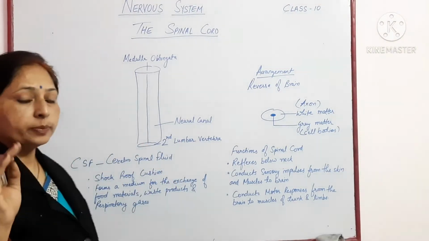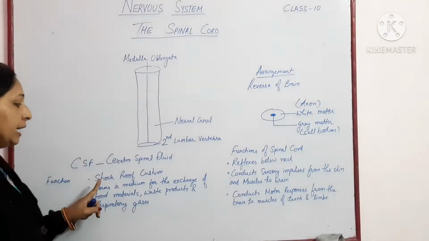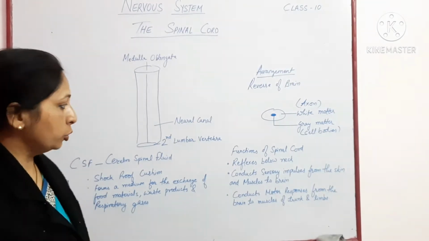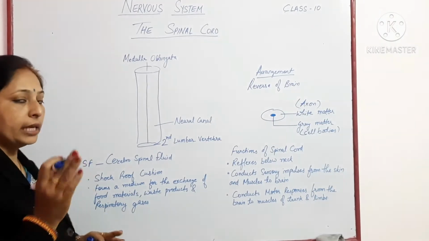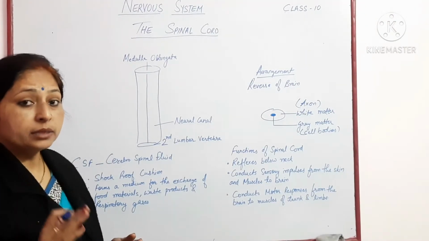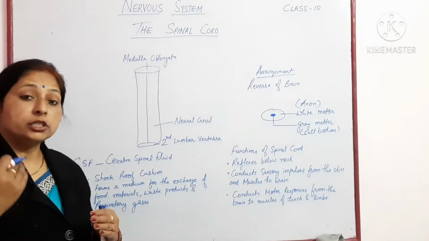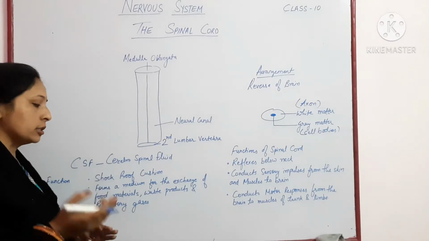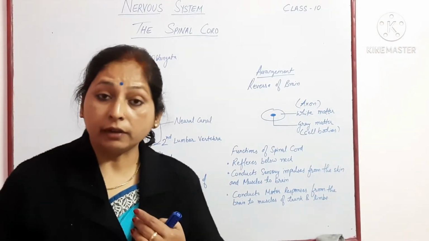The role of CSF is that it provides a shock-proof cushion to the spinal cord. Secondly, it forms a medium for the exchange of various materials, like exchange of food materials, exchange of waste products, and exchange of respiratory gases.